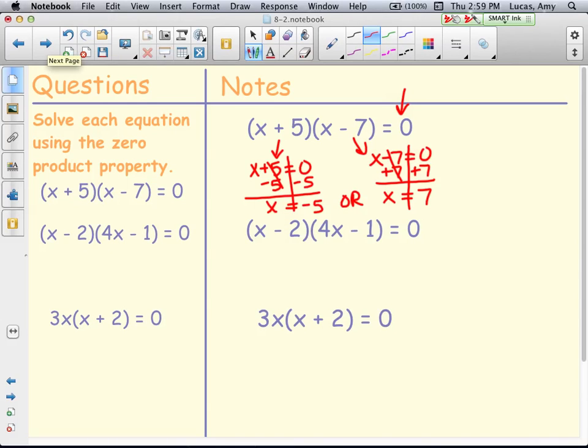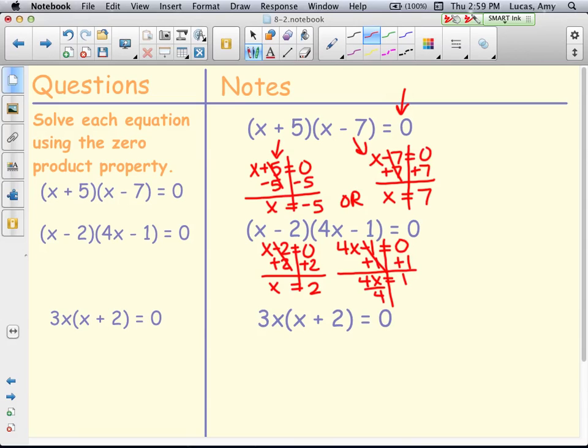Next one, same thing. If I set this one equal to 0, I add 2, x equals 2. If I set the other one equal to 0, I would add 1, and then I would divide by 4. So x equals 2, or 1/4.